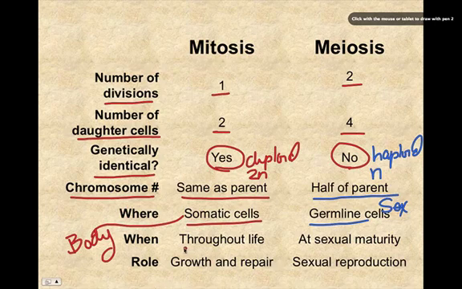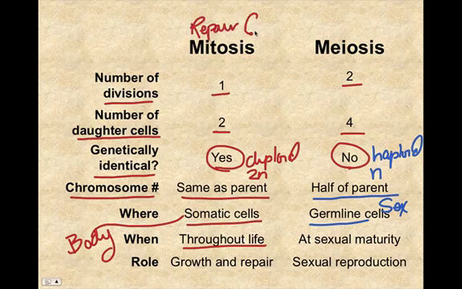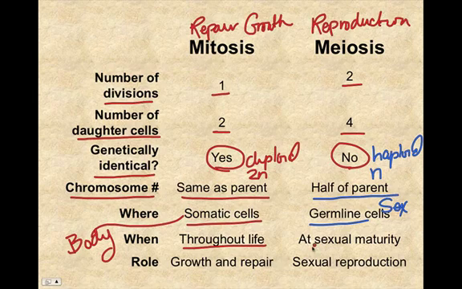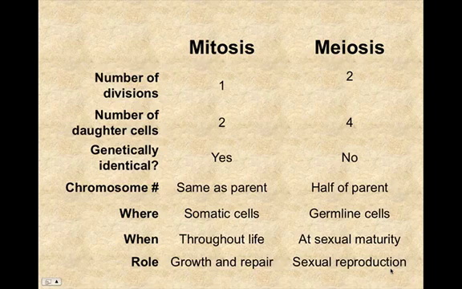Well, mitosis occurs throughout our lifetime, because mitosis is repair of cells, growth. Meiosis, on the other hand, is reproduction. So meiosis occurs at sexual maturity. And, I guess here's our role: growth and repair and sexual reproduction. And that concludes the notes on meiosis.